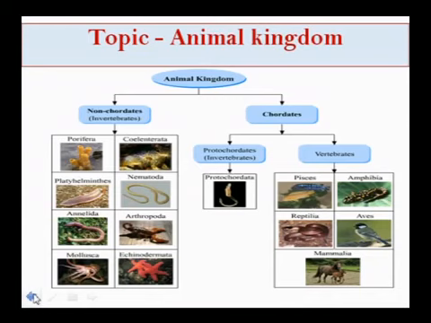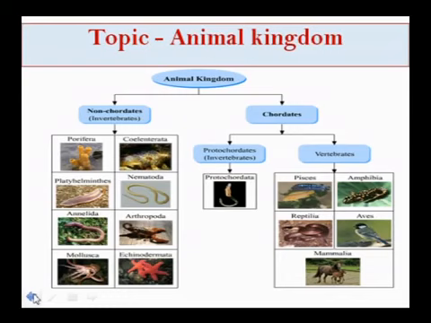In the division where jaw is present, it is again divided into two superclasses. One is Pisces, which is characterized by the presence of fins. The other group is called Tetrapoda. Poda means leg, so those organisms have legs, and Pisces have fins.